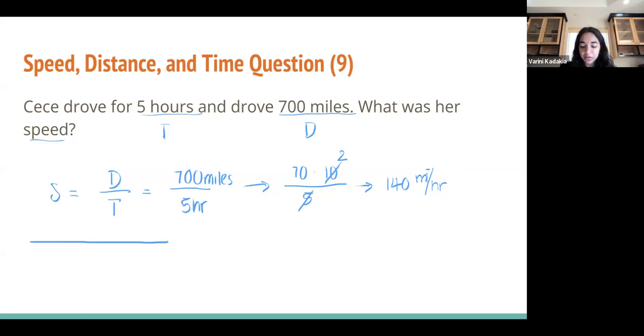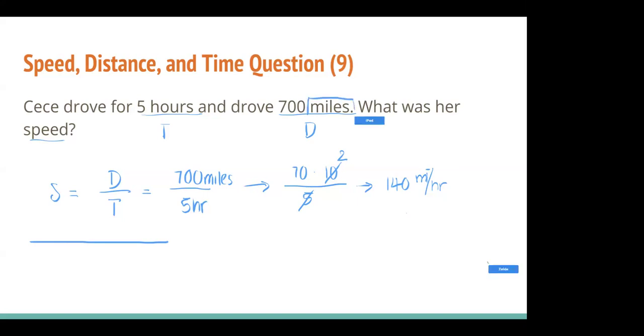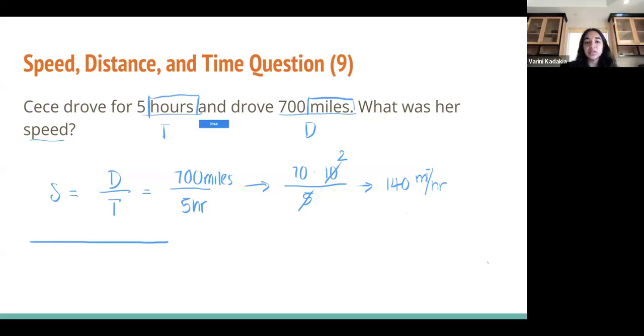So you can easily find out what distance and time is here because 700 miles is a unit for distance, and hours is a unit for time. So you're given distance and time. Then you just plug it into the formula, speed equals distance over time, and solve for it. Does that make sense?